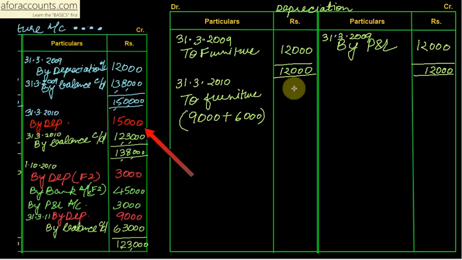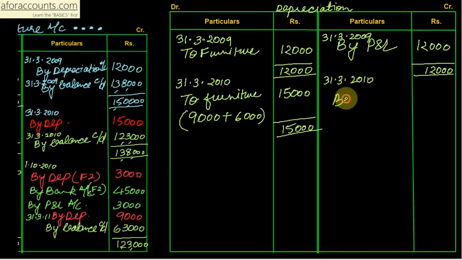Total depreciation is 15,000. So take total 15,000 and on 31/3/2010 transfer it to your P&L, by P&L account. How much? 15,000. Total 15,000. This is again closed.